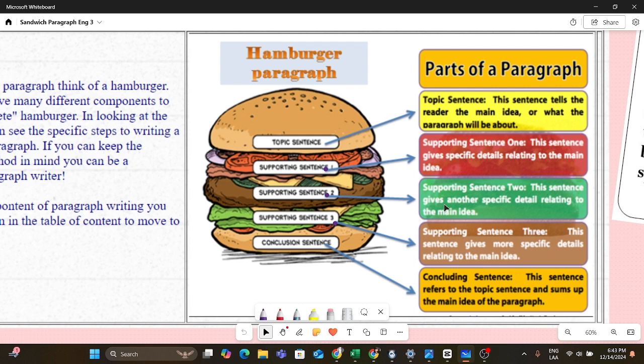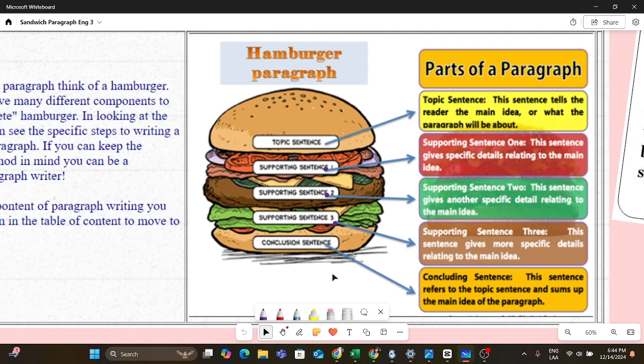This sentence gives another specific detail relating to the main idea. Then, again, we have lettuce, tomato, cheese, onion, which is supporting sentence three. This sentence gives more specific details relating to the main idea.